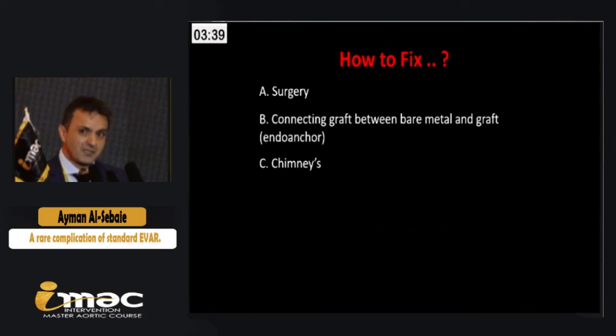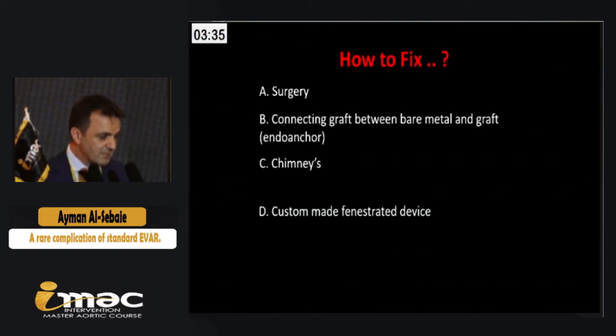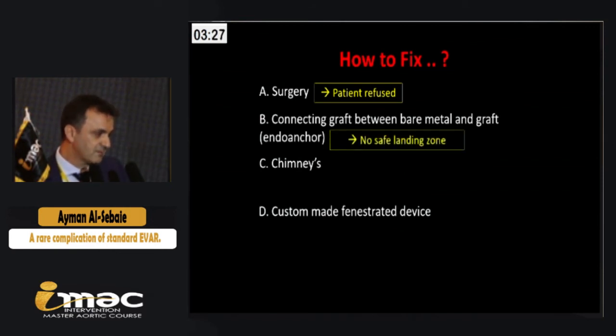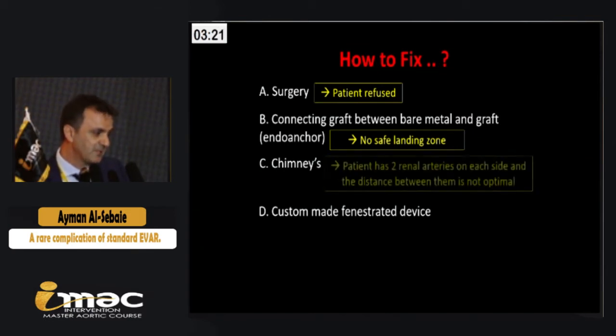Chimney, the two renal arteries are on the same level. Or a custom-made fenestrated device. So, surgery, the patient refused, which is logical. And a bare metal connecting stent, there is no safe landing zone. Chimney, two renal arteries at the same level, and the aorta is small in size.